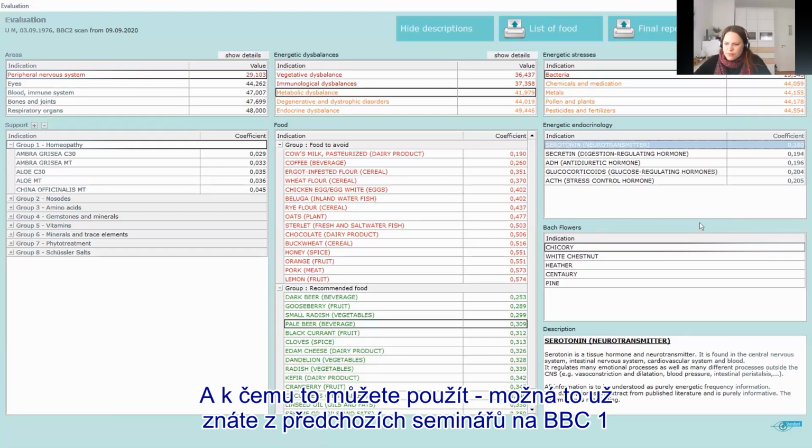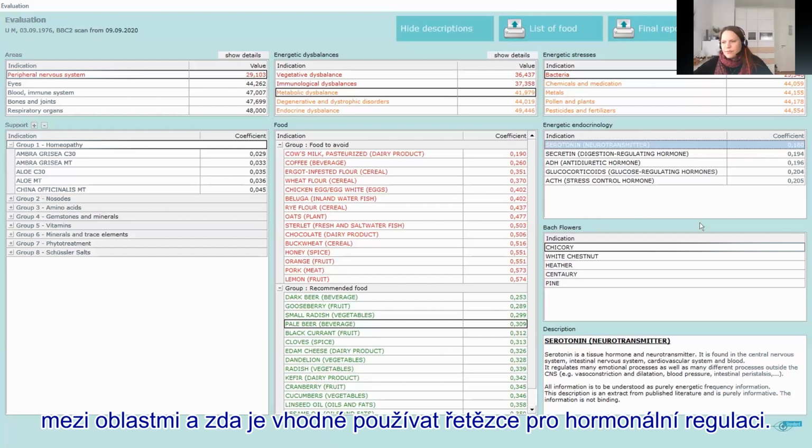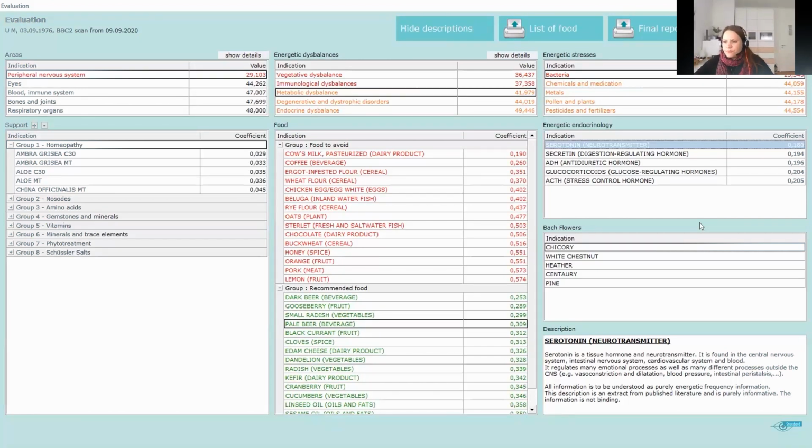This is what you know from the seminars Norbert Lindner, for example, gives for the BICOM already. There he also uses the endocrinology, the hormone information, to see where we have a connection between different areas, or whether I have to use a hormone regulation program or sequence for the BICOM.